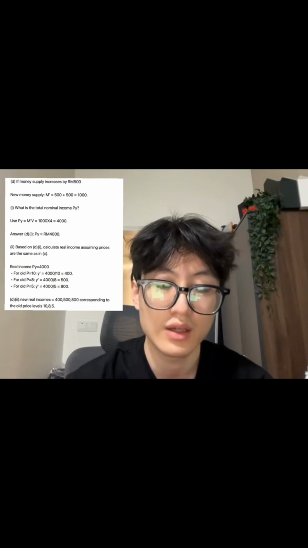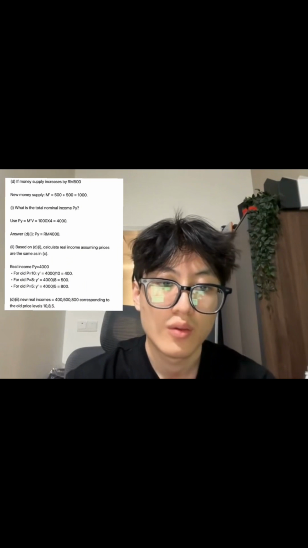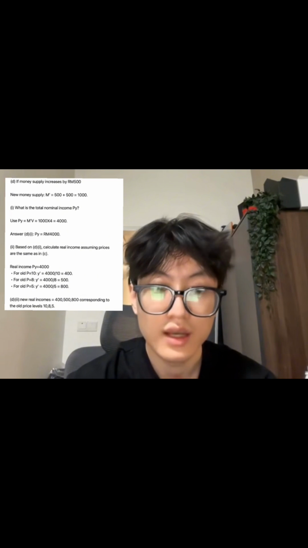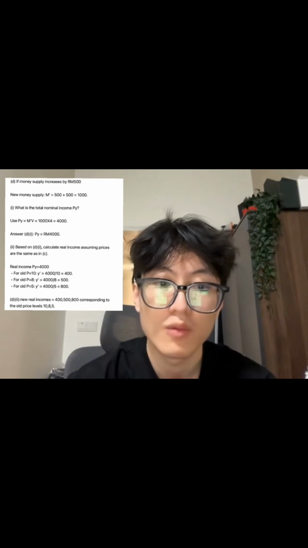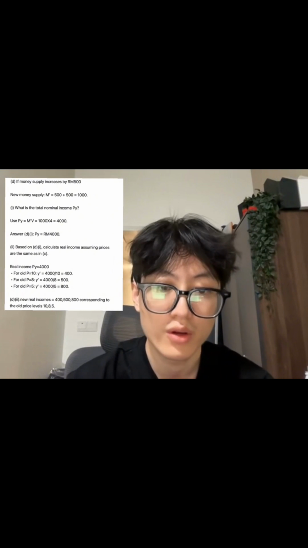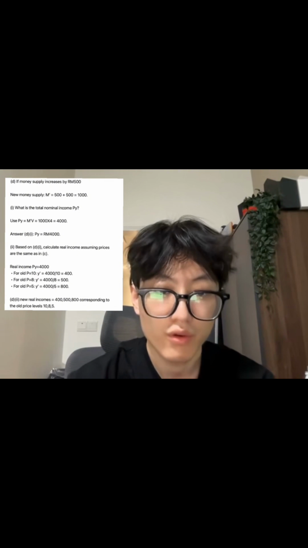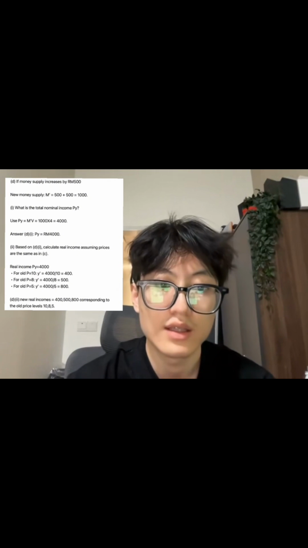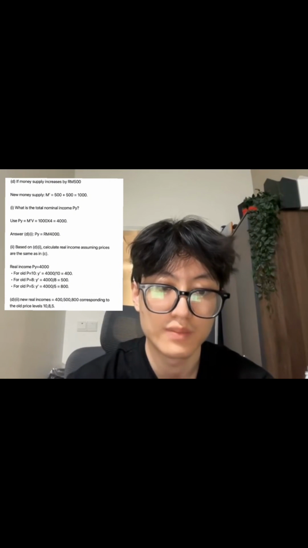At P equals 8, Y equals 500. At P equals 5, Y equals 800. So the new real income would be 400, 500, and 800 respectively.